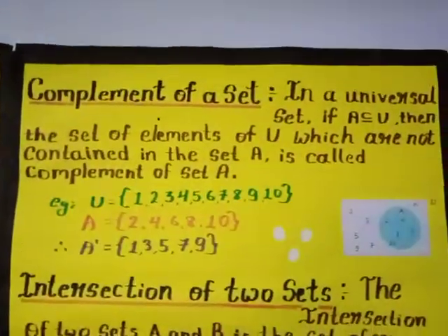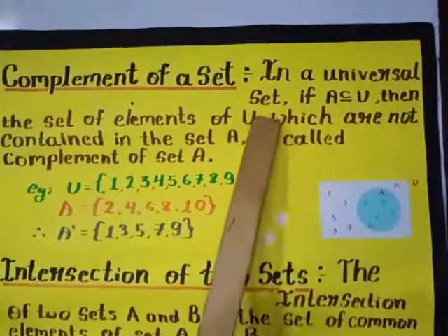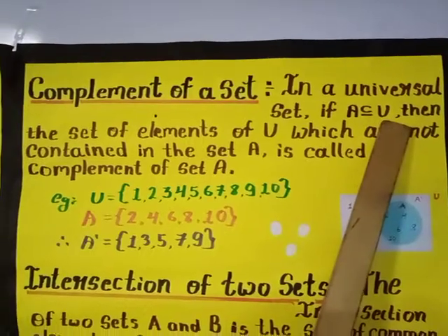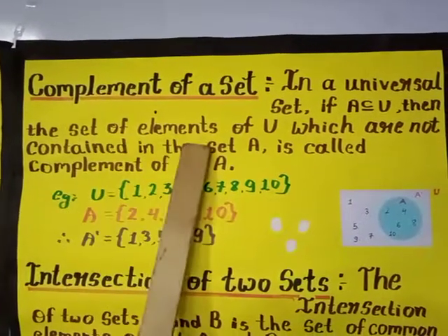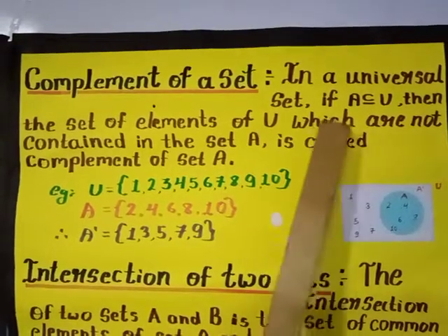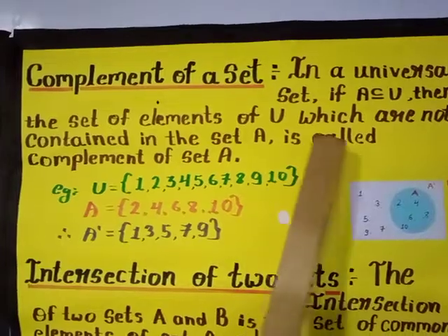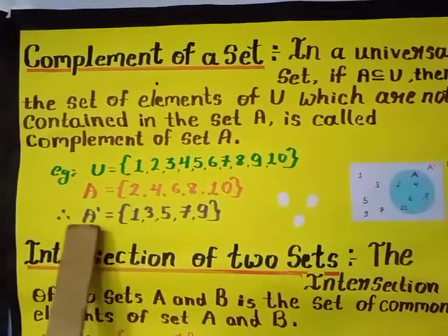After that, we learned the complement of a set. What is the complement of a set? In a universal set, if A is a subset of U, meaning the universal set, then the set of elements of U which are not contained in set A is called the complement of set A. Take an example.